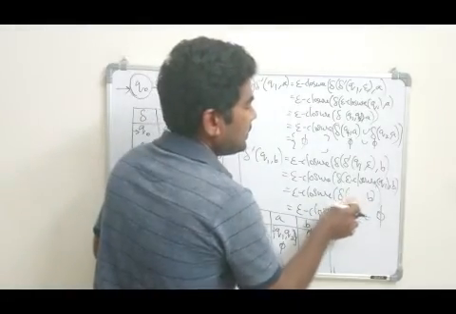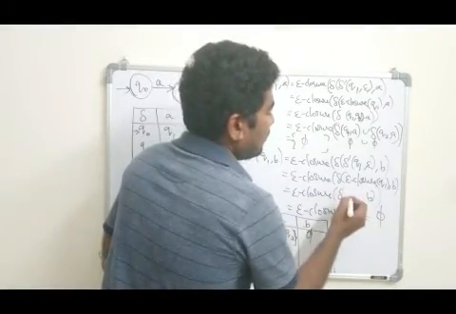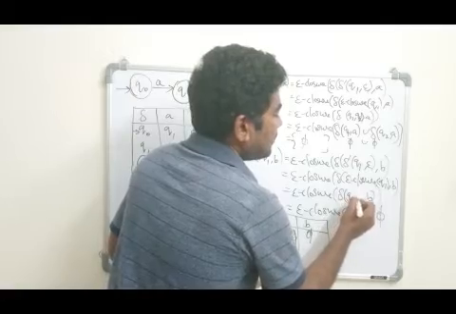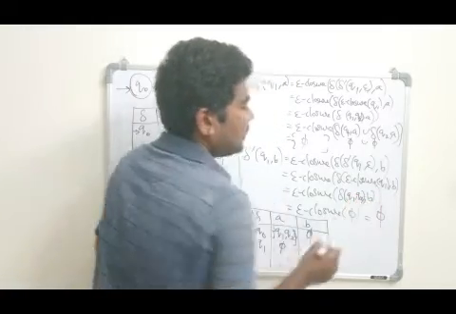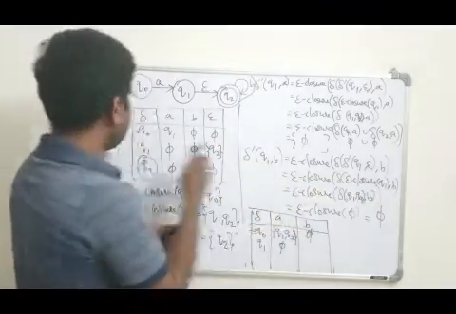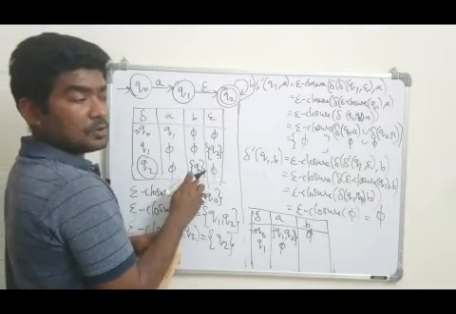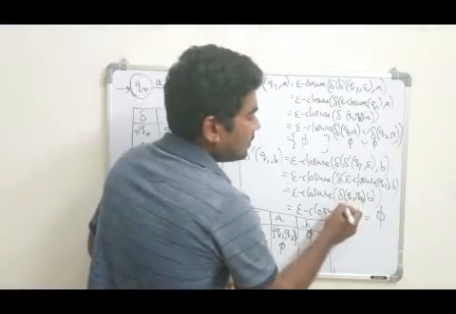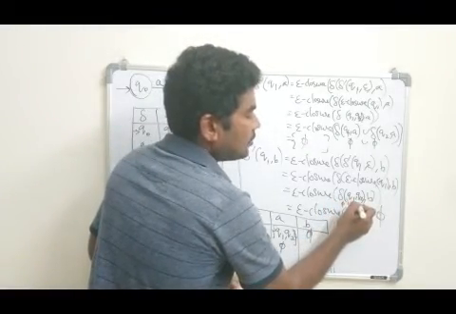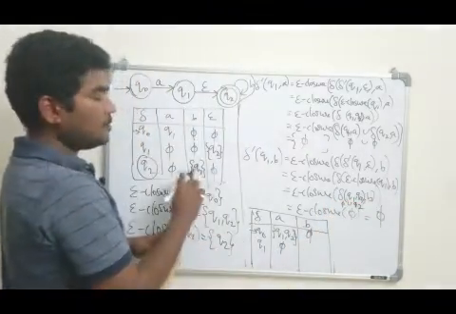So now here it will become Q1 comma Q2. Now I'll take the union: Q1 comma B is pi, then Q2 comma B is Q2. Now pi union Q2.